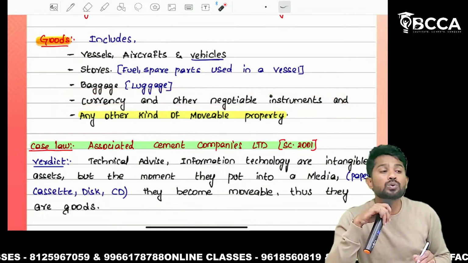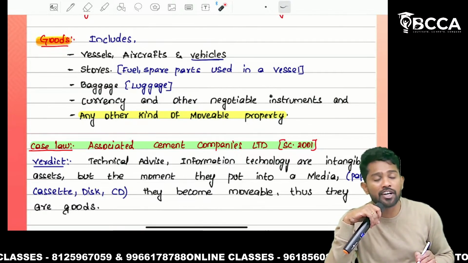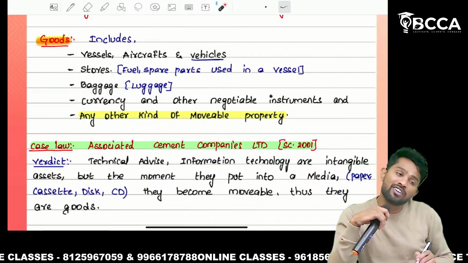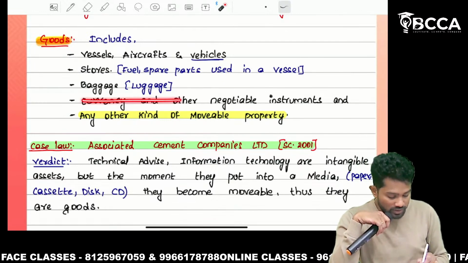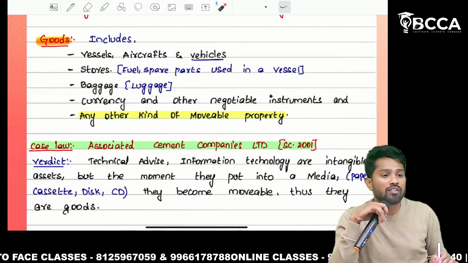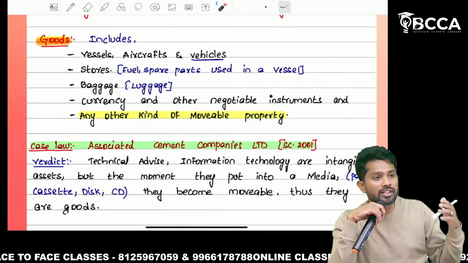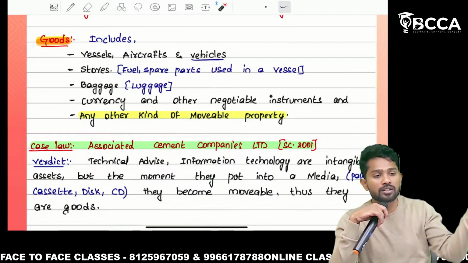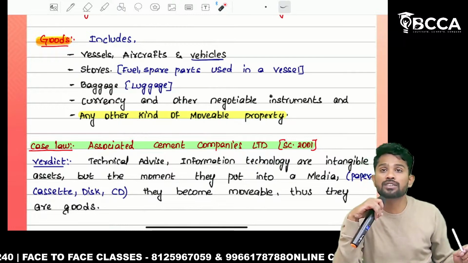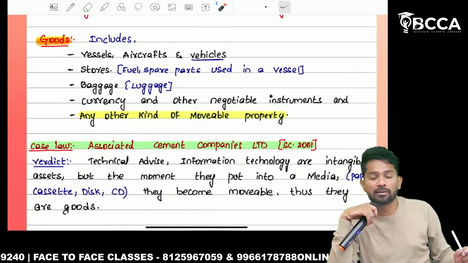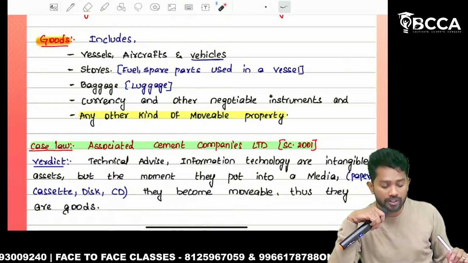They want to keep track of how much currency you are carrying while going to a foreign country and how much currency you are bringing. Otherwise, if there is no such tracking, you will do hawala very easily. You will just go to a foreign country and bring whatever money you want in bags. So to keep track of how much currency you are taking with you and bringing back, they included these two points in the definition.